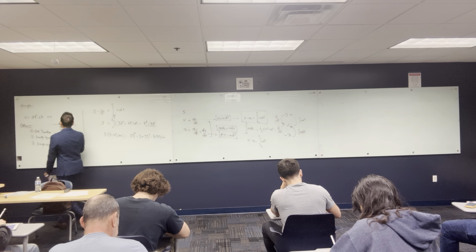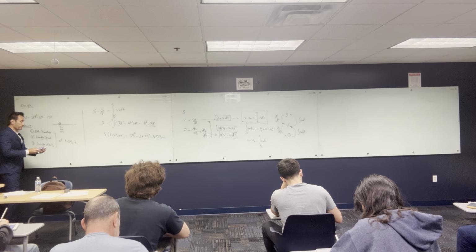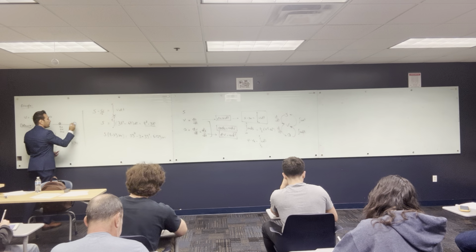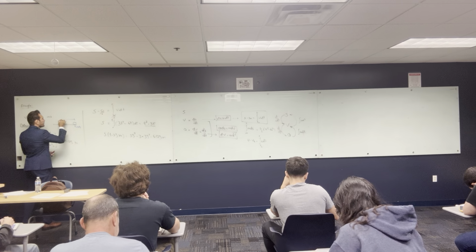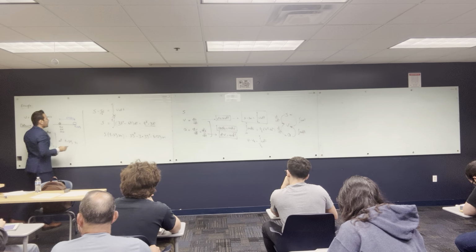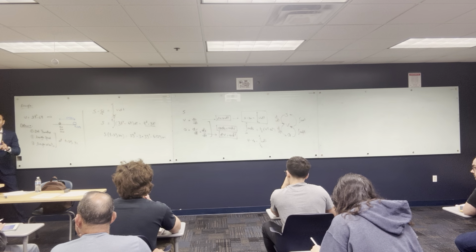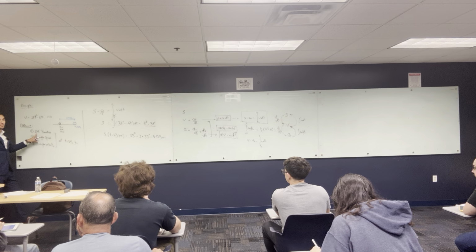So that means this body at t0 was at 0 distance, but after 3.5 seconds, this body was at a position of 6.125 meters. Is that what I'm asking for? Did I ask you about the position of the body at 3.5 seconds? No, I asked you what is the distance traveled.